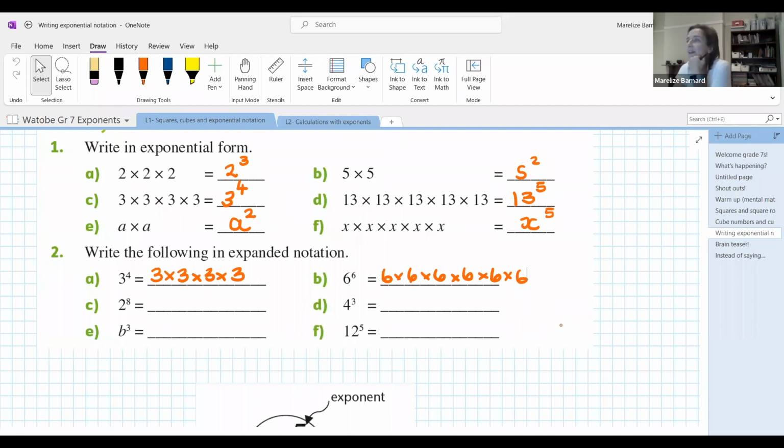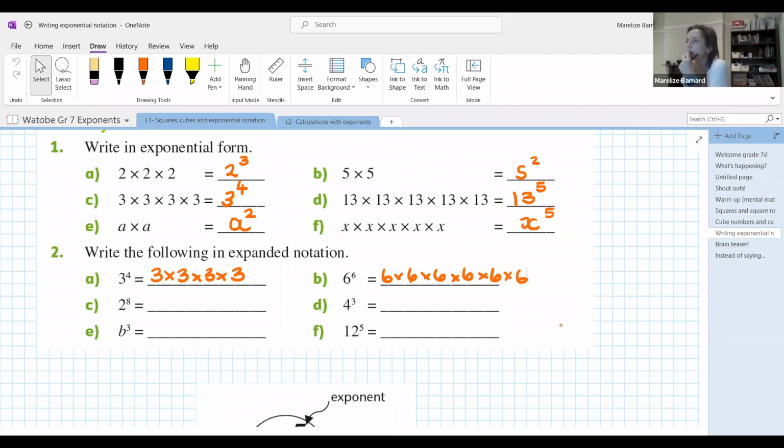So A can be any number, so you just treat it like a number. It could be any other number, but we don't know what it is, so we just call it an A and we treat it like a number. The same with the X. X times X times X times X is X to the power of 5. Thank you, ma'am.